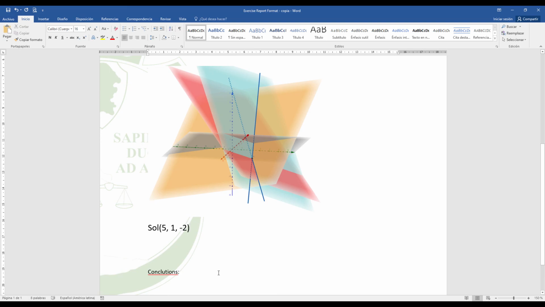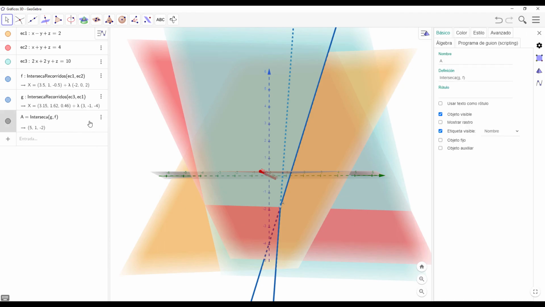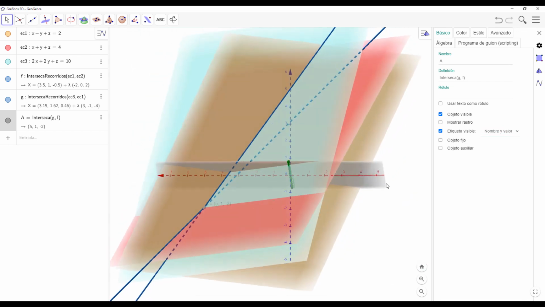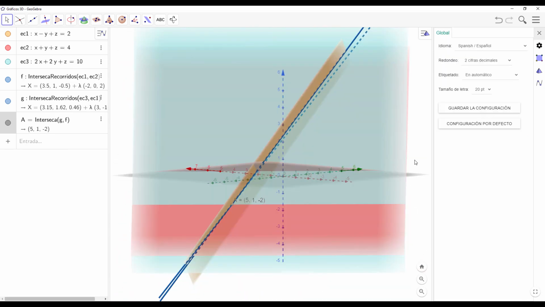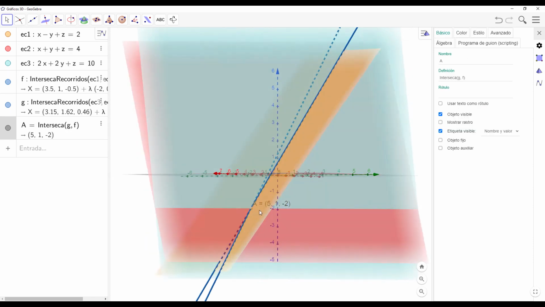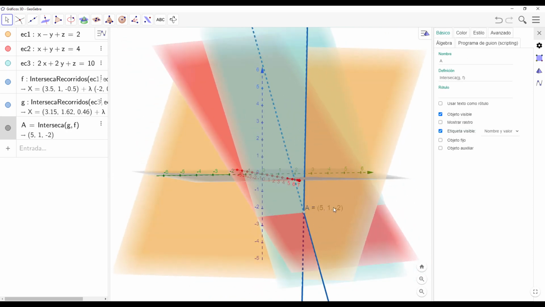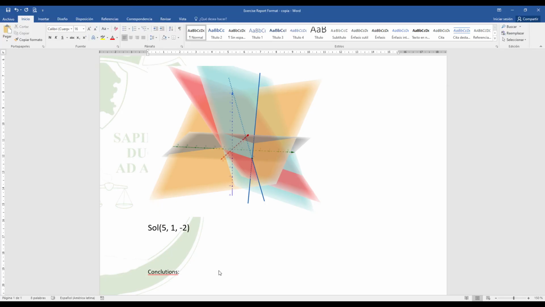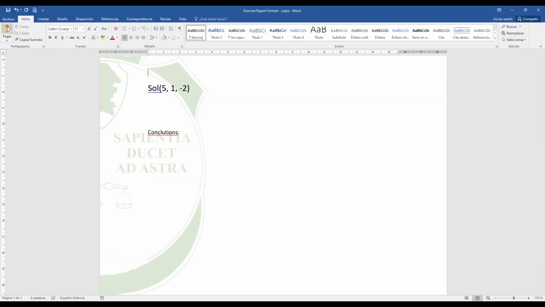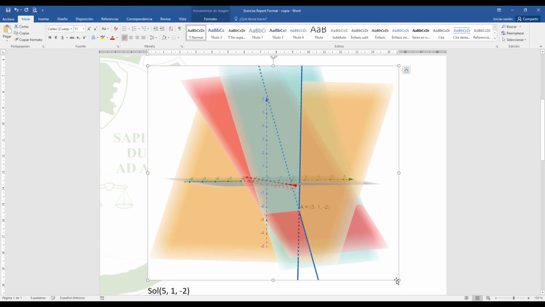Again you can change the name and value here. Well, it's a little bigger now, the solution. So copy and replace on the graph.